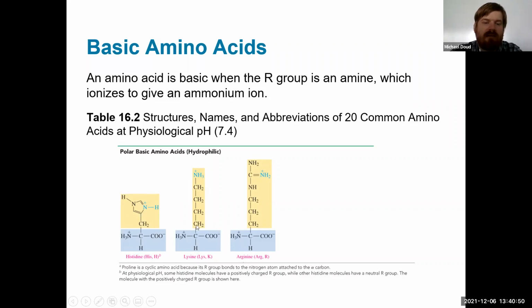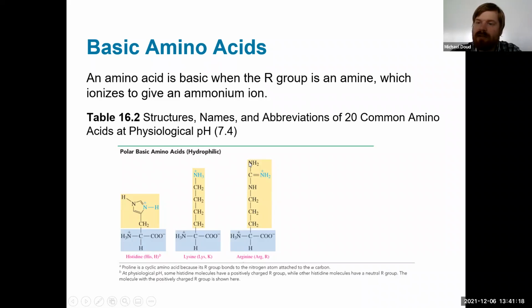Next up, we have lysine, which has 1, 2, 3, 4 carbons in its side chain. So a butyl chain that connects to an amine at the end of it. And again, at physiological pH, that's protonated as an ammonium. And then finally, arginine, which has this really interesting structure where we have a 3-carbon chain as a side chain, bonded to an amine, so bonded to a nitrogen, that's then bonded to a carbon, and that carbon is bonded to 2 separate nitrogens.